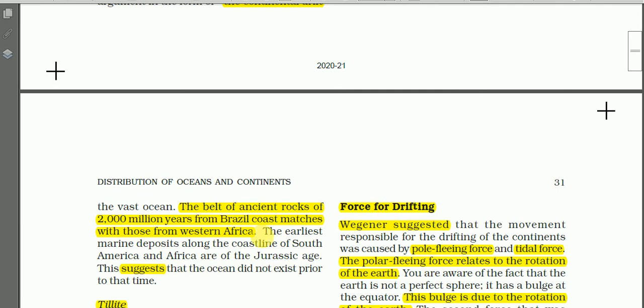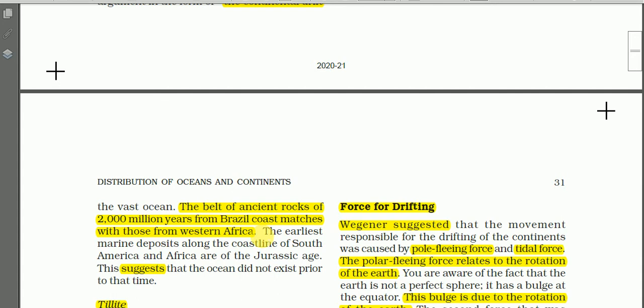So what do you mean by radiometric dating? Radiometric dating measures the decay of radioactive atoms to determine the age of a rock sample. Let me repeat.